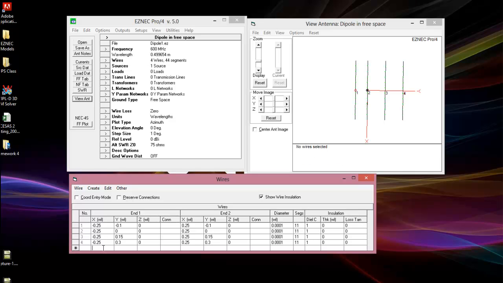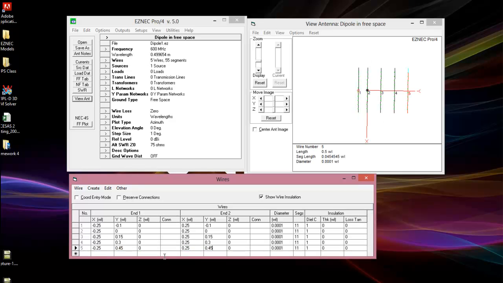The other one is gonna be minus 0.25, 0.45, 0, 0.25, 0.45, enter. So that's 1, 2, 3, 4, 5.